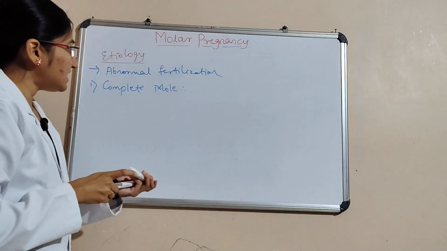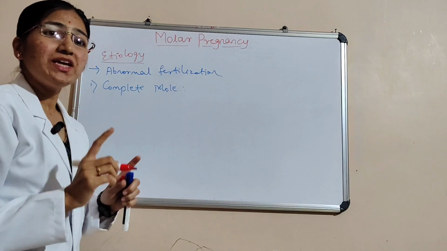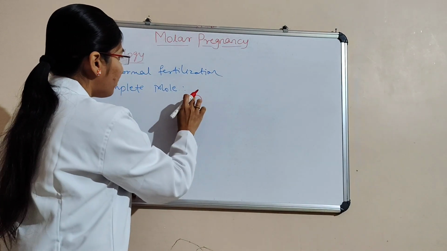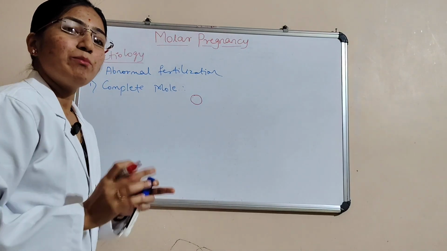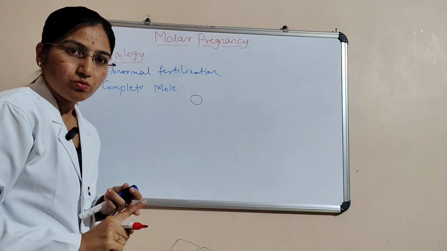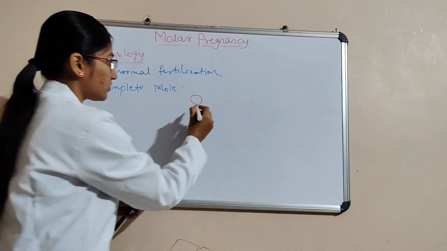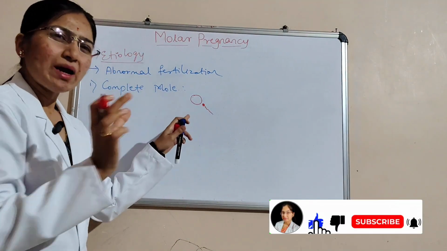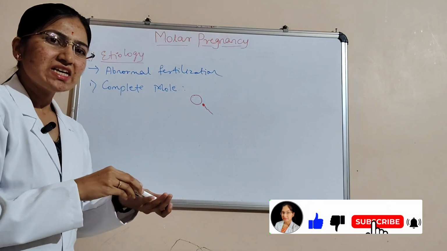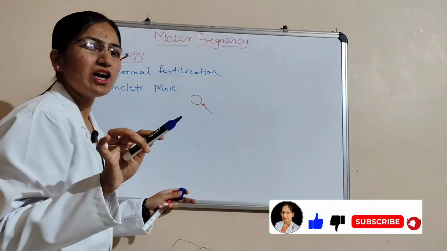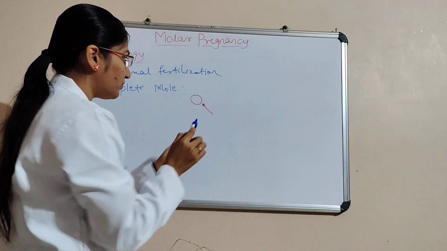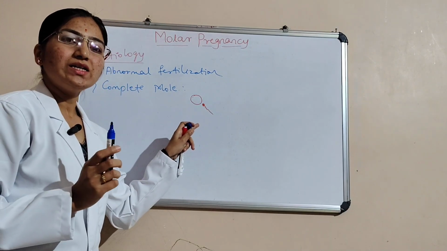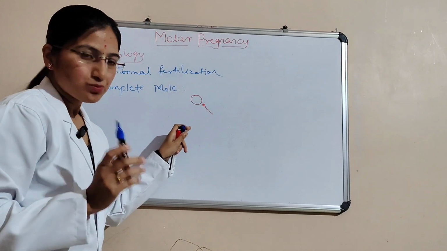Here fertilization takes place in an empty ovum by one sperm chromosome. An empty egg means there is not a single chromosome. It's an empty egg, and then it gets fertilized by one sperm.